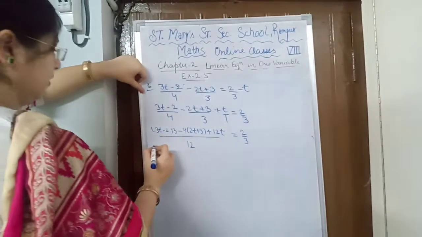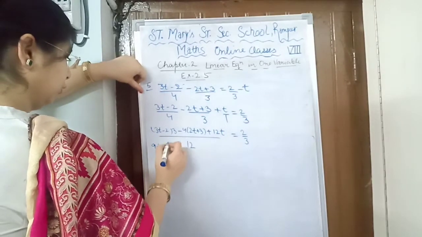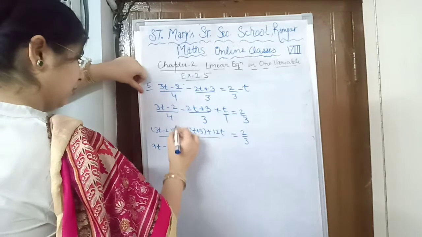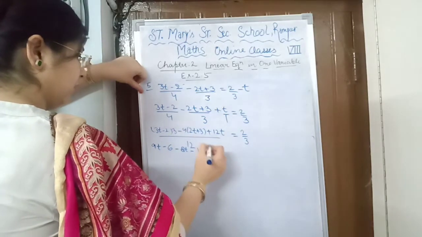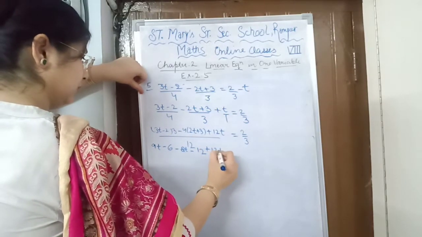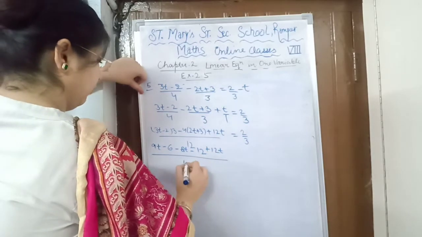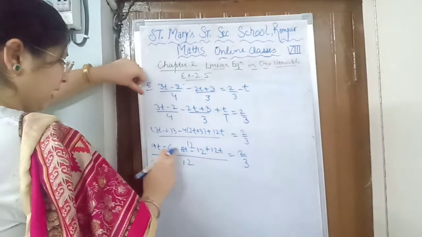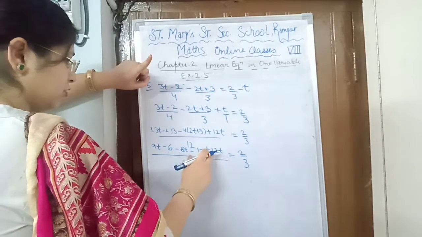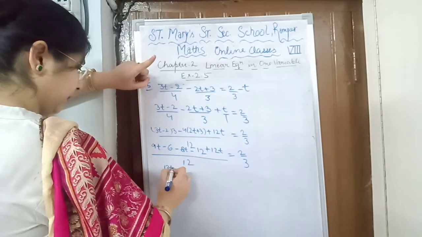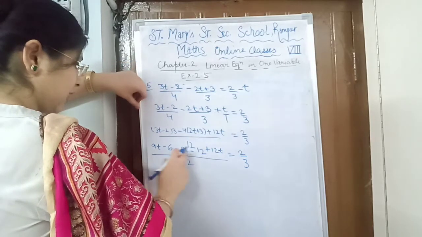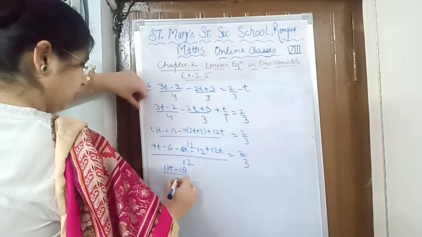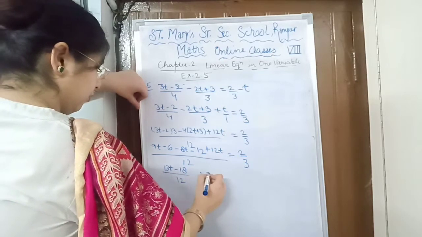So 3 3s are 9t and 3 2s are 6 minus 4 2s are 8t minus 4 3s are 12 plus 12t upon 12 is equal to 2 upon 3. Now 9t minus 8t is 1t plus 12t is 13t. Minus 6 minus 12 is minus 18 upon 12 is equal to 2 upon 3.